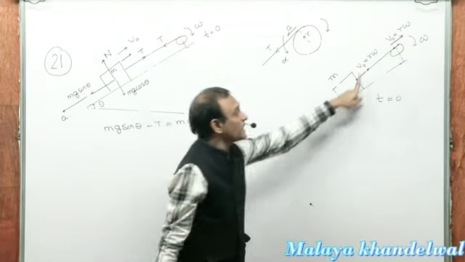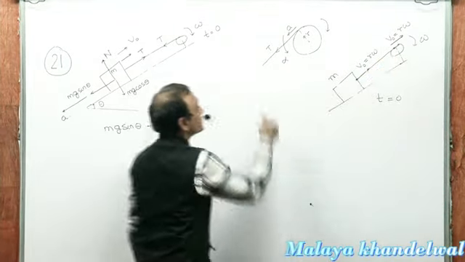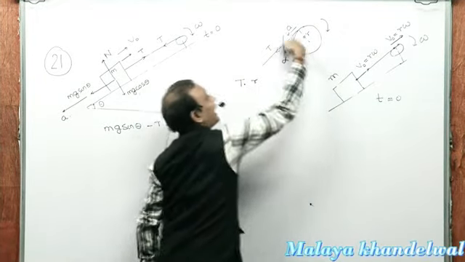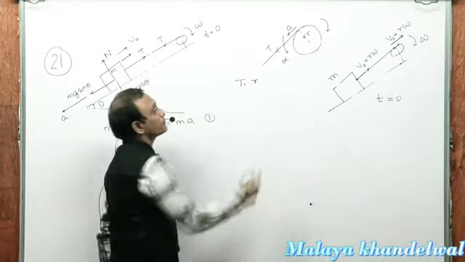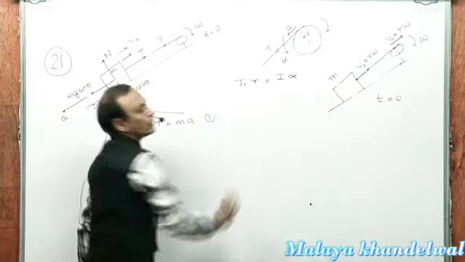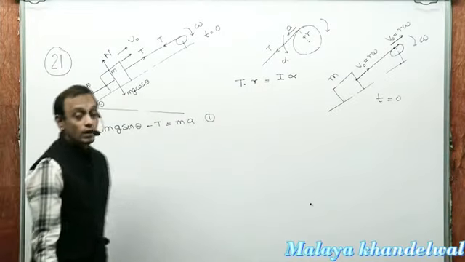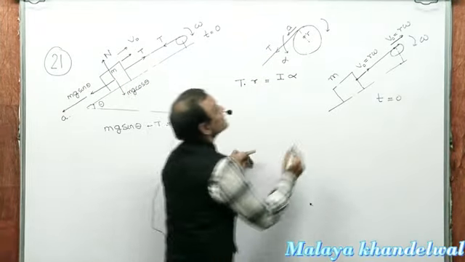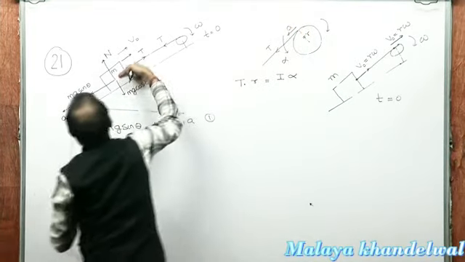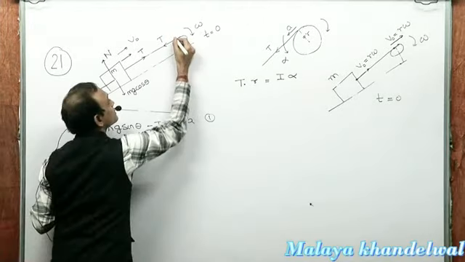Now, the pulley side of the story. Realize that there is tension T producing an anti-clockwise torque T into R, and that must be I into alpha. Now, this point has an acceleration A, same as the acceleration of the mass, right?